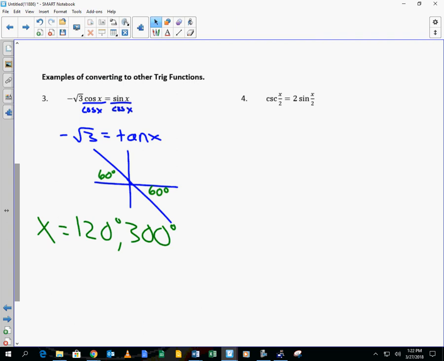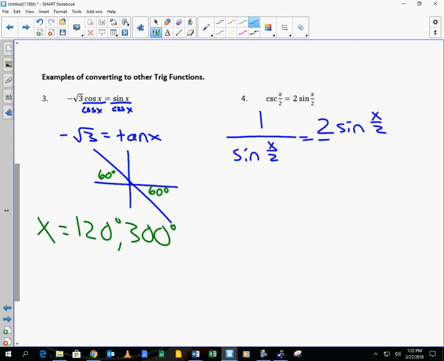Okay, we look at number 4. Cosecant and sine. What are you going to do now? You are both correct. I'm going to choose 1. 1 over sine of x over 2 is equal to 2 sine of x over 2 over 1.